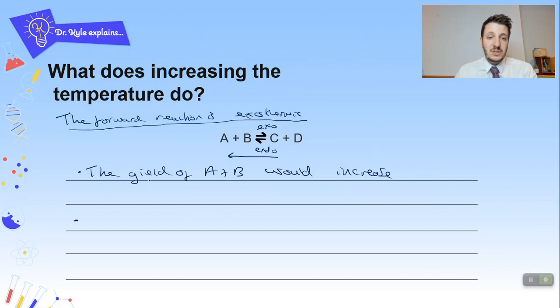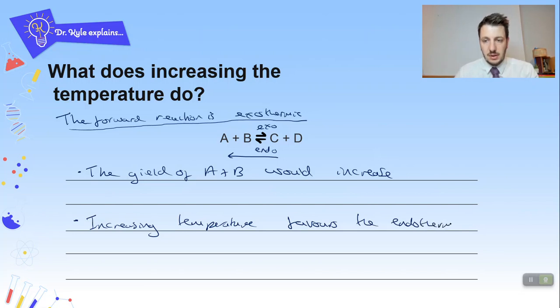So in this instance, we're going to say the yield of A and B would increase, and that's because increasing temperature favours the endothermic reaction, and so therefore it pushes equilibrium to the left to counter the change.